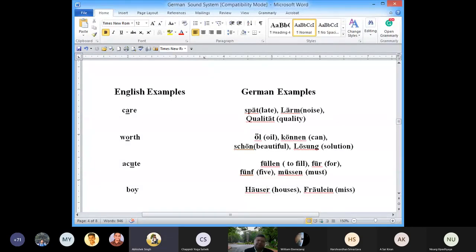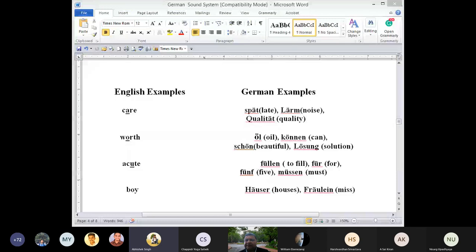Für. Fünf. Müssen. Häuser, not Hauser. Häuser. Fräulein. Okay, Abhishek, danke. Okay.